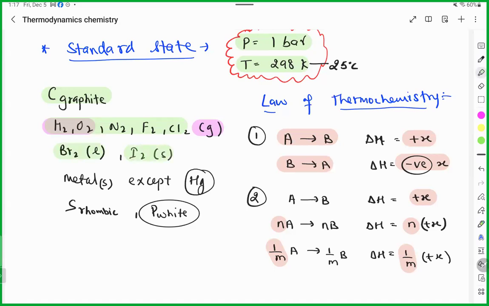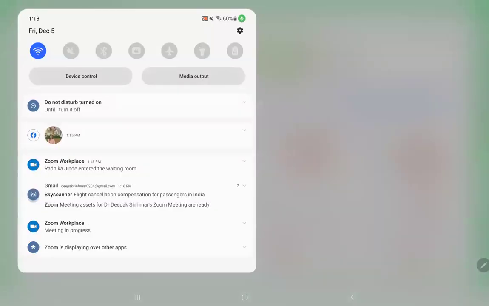Iodine is present in solid form. For metals, it is always solid except mercury. If you read this chapter, you will know that all metals are solid except mercury. For sulfur, it is rhombic, and for phosphorus, white. Why rhombic and white? Because sulfur and phosphorus are present in multiple forms.